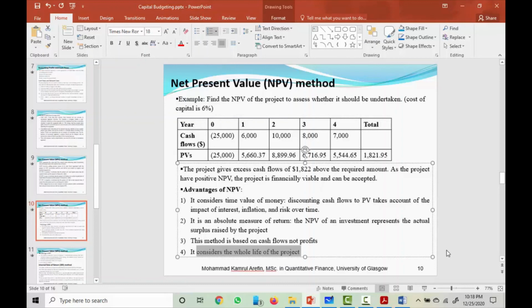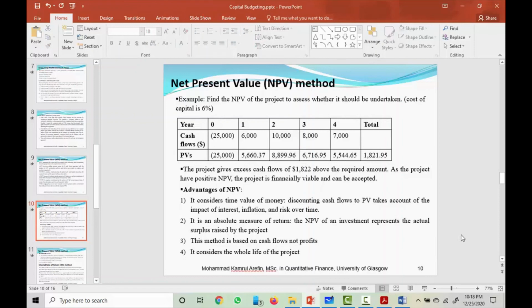We are only interested in the quicker payback. But in the net present value method, we consider all the cash flows from the project. So we consider the whole life of the project.